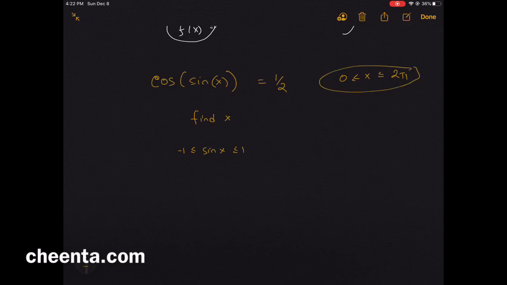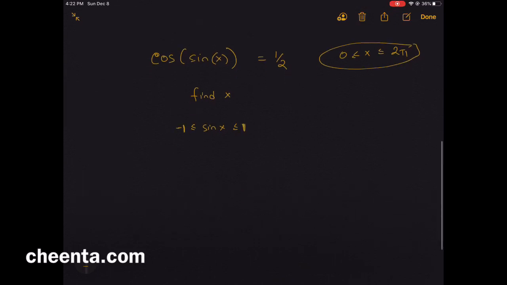Well, for any x it will work, but particularly for x between 0 and 2 pi, this will definitely work. Sine of x will be between -1 and 1. Alright, so now the question is this: when is cosine of theta half? Between 0 and 2 pi, when is cosine of theta equal to half?